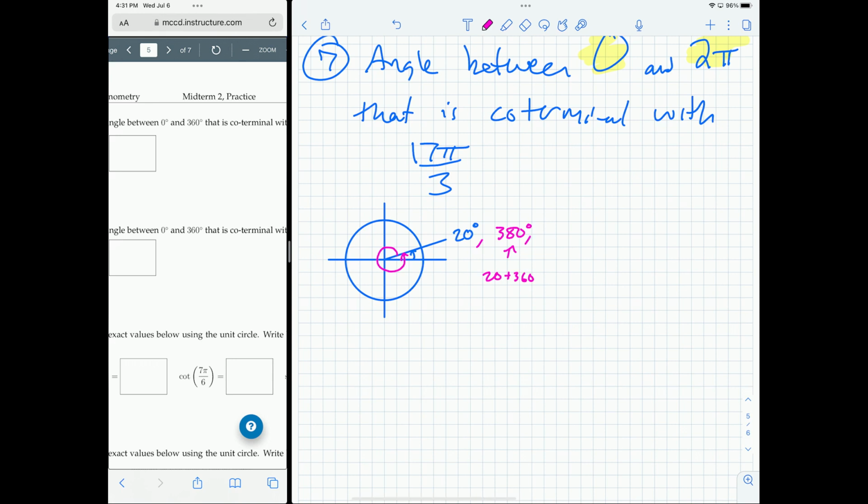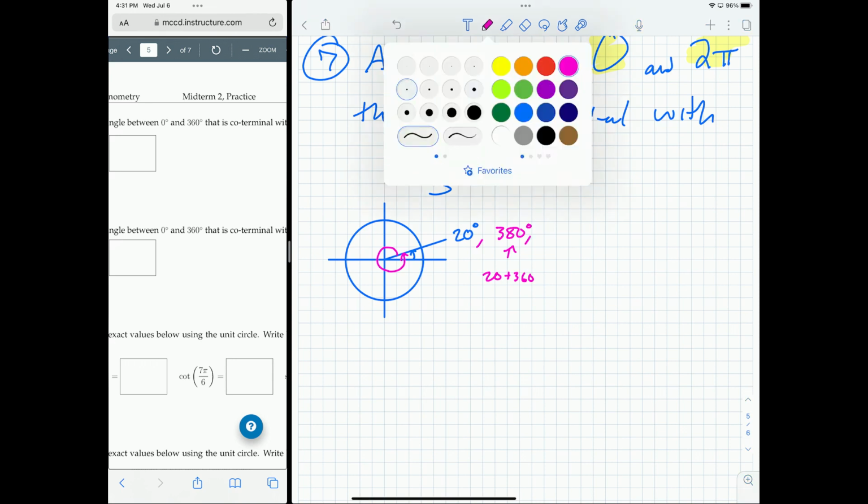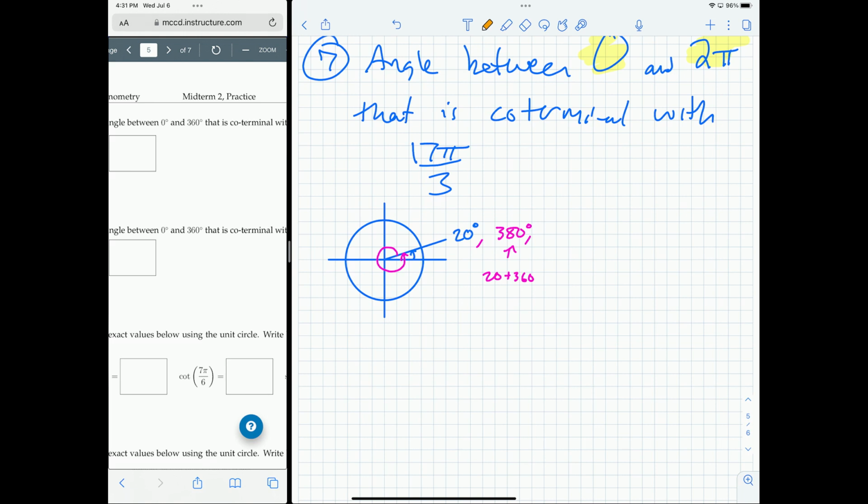But you could also go around twice, once, twice, and then go there. That would be 20 plus 360 plus 360, so 720 plus 20, which would be 740 degrees. The point is that you can always add 360 and end up in the exact same place.